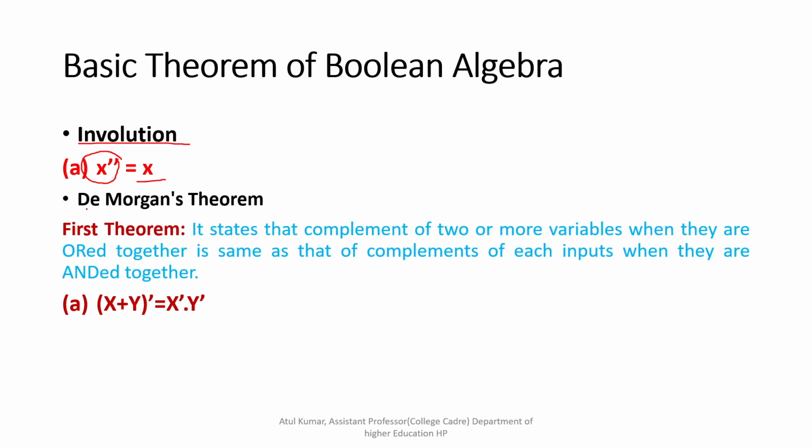Next we have De Morgan's theorem, and it contains two theorems. The first theorem says the complement of two or more variables when they are ORed together is the same as the AND of the complements of each input. Mathematically, the complement of (x plus y) is equal to x complement AND y complement.